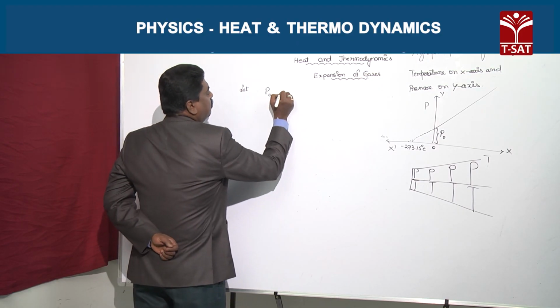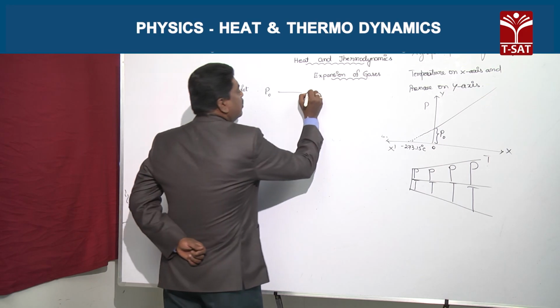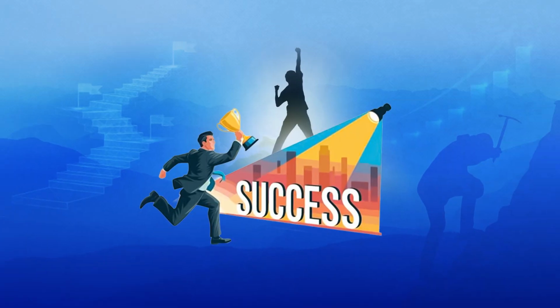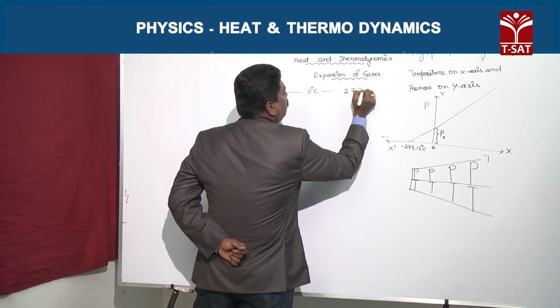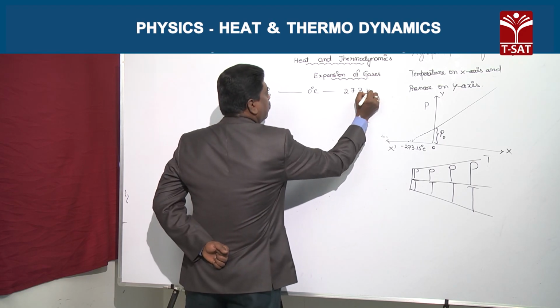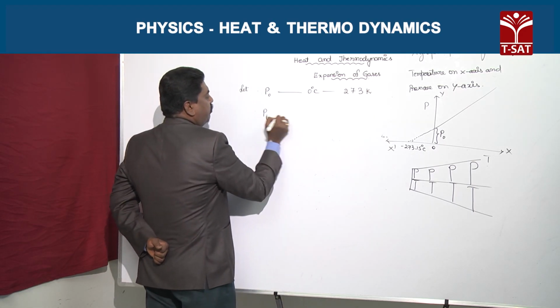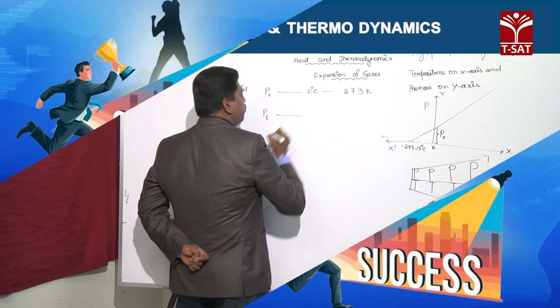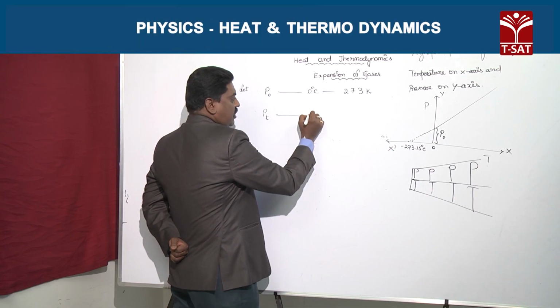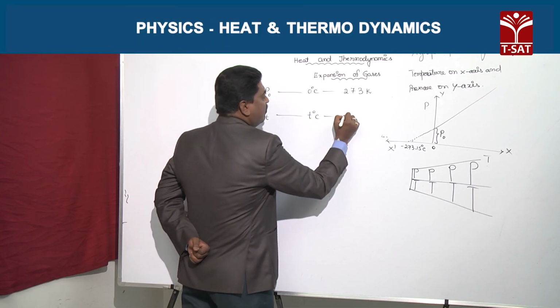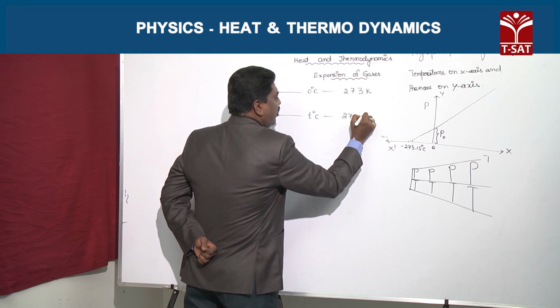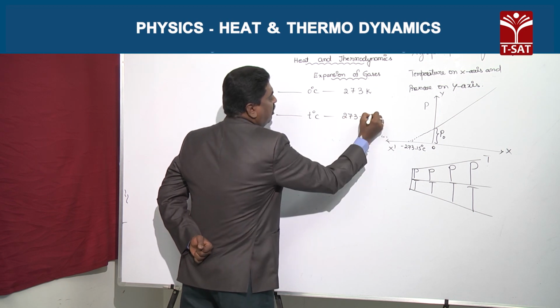Let P0 be the pressure of the gas at 0 degrees Celsius, which is at 273 Kelvin, and Pt is the pressure of the gas at T degrees Celsius, which is given as 273 plus T degree Kelvin.